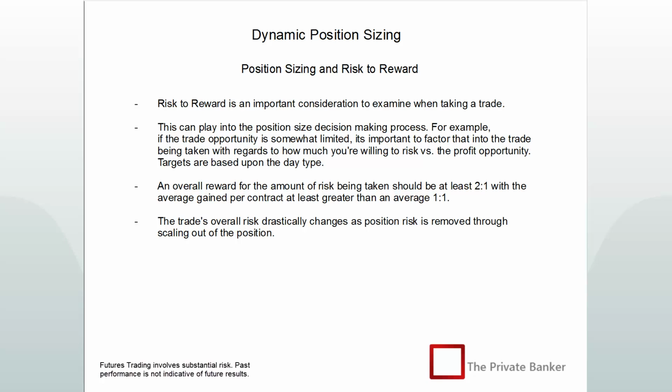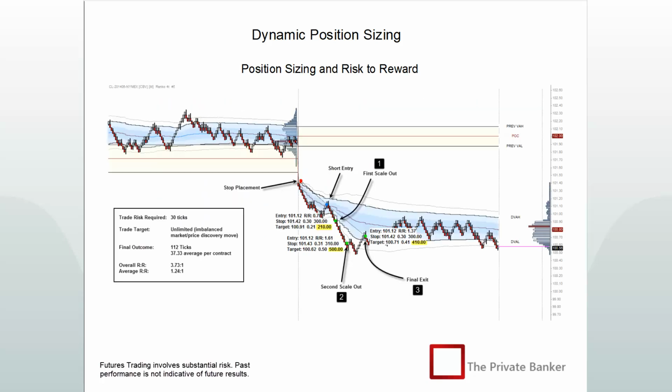So first, let's look at this example. We're still talking about position sizing and risk to reward. And what I've got here are trades that make the most sense. In this example, we had a market that gapped down from several days of balance, and upon open, there was immediate initiative selling that pushed the market down very quickly.